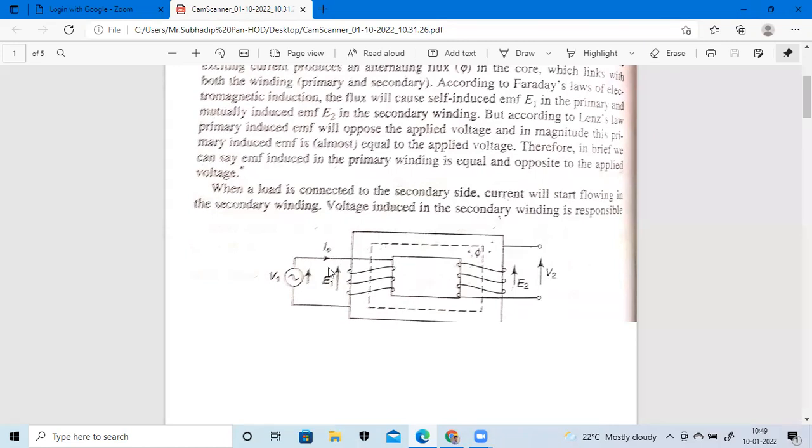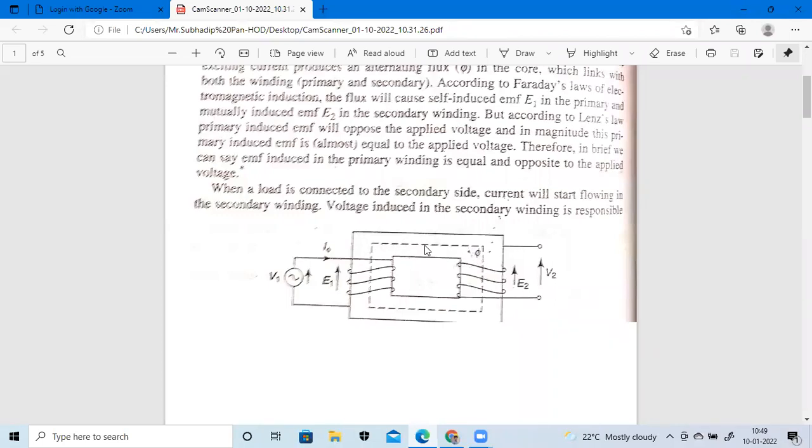Whenever you give supply to the primary coil of the transformer, flux will be produced in the primary coil. That flux flows in the core path of the transformer, represented by this dotted line, and the flux is represented by phi.